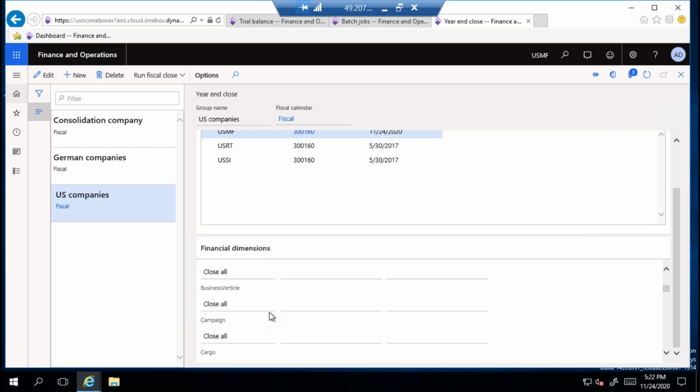Dimension-wise balances should be transferred. What does that mean?